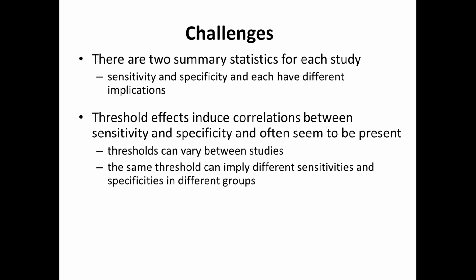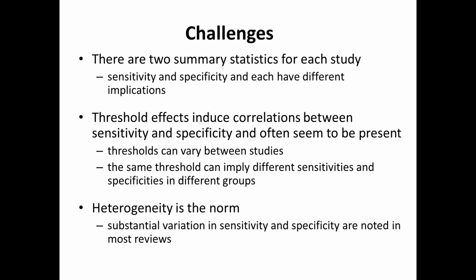You don't have an actual value. And so you could have an implicit threshold. And there are other things as well that can induce this threshold effect. So when you start to look at various characteristics of the study population or the test itself, they can also induce a threshold-like effect. So that's again something that we need to take into account in our meta-analysis.